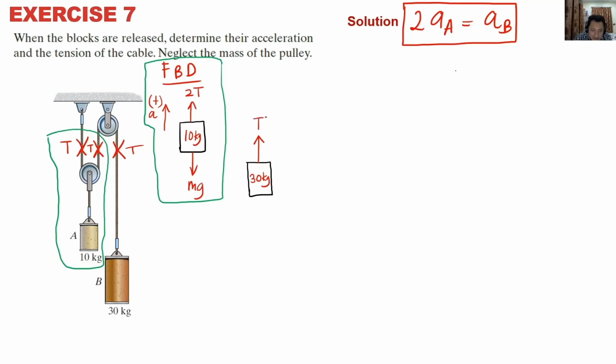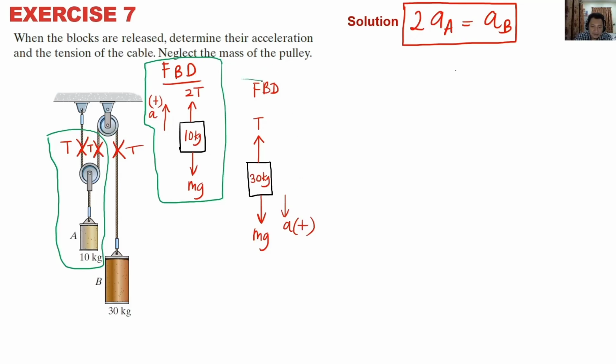Only one, T. Going down, mg. Since the block is going to travel down, A is positive on the downside. So this is free body diagram for block B.